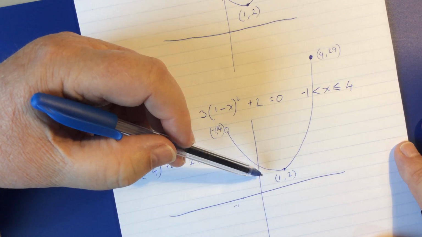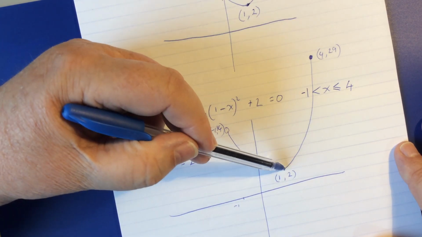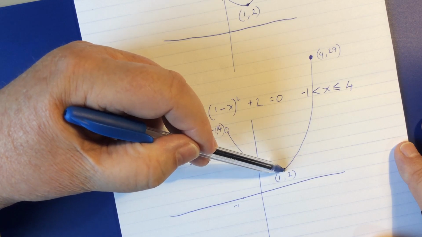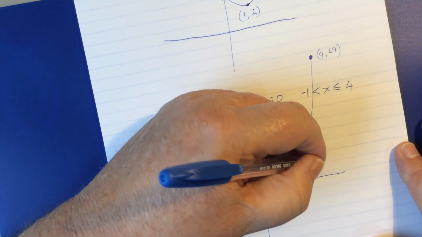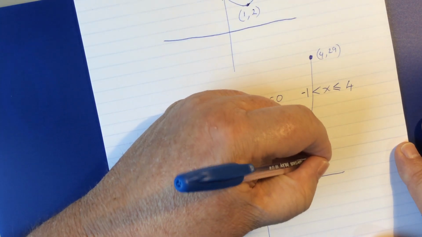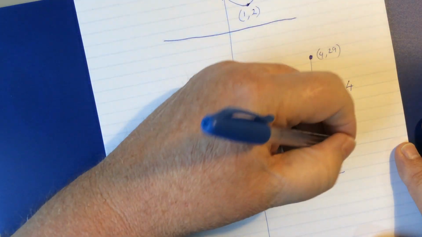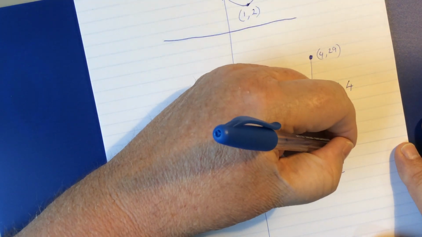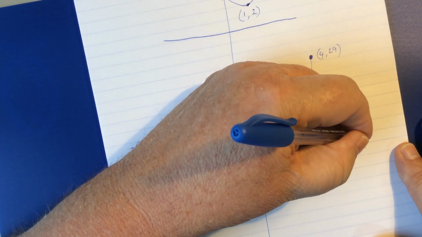Now, what is the range of this thing? Well, the range is from, in this case, the minimum y value to the maximum y value. So we can say that the range of this function with this restriction on it is from 2 to 29.